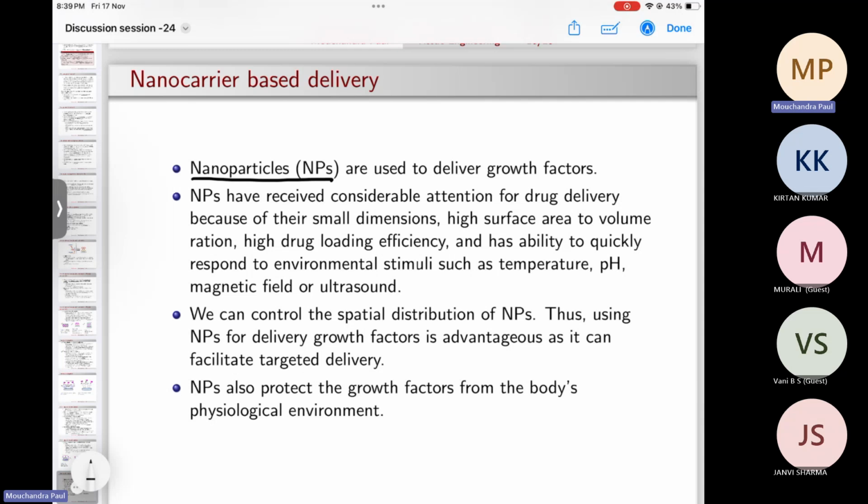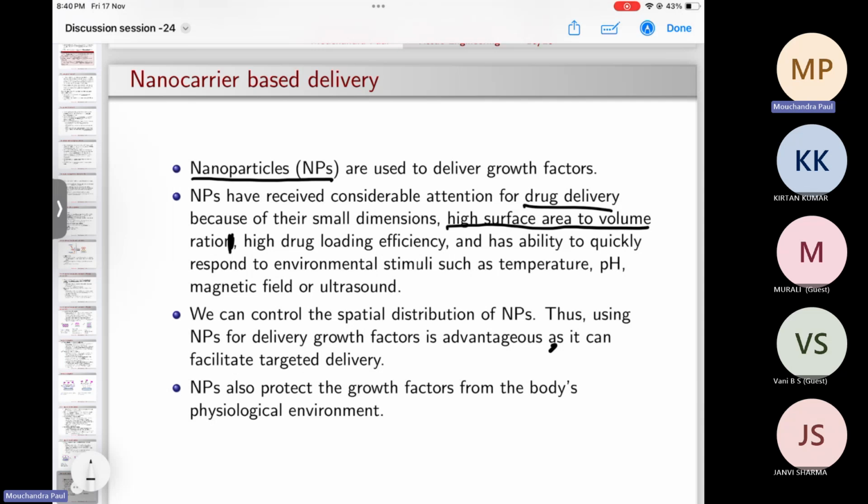These are basically particles which have sizes in the nanometer range. These nanoparticles have been used a lot in the area of drug delivery, because they are very small, in the nanometer range. Because of the small size, they have a very high surface area to volume ratio.